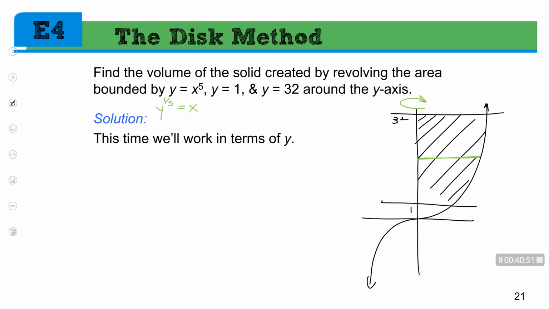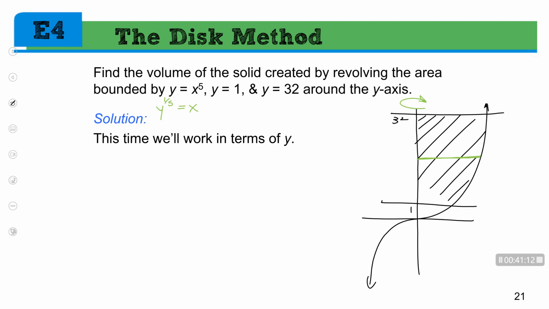Is my rectangle touching my axis of revolution? Yes. Therefore, I have a disk. What's the radius of the aforementioned disk? I'm actually going to keep it even, I'm going to make it more difficult than it should be.